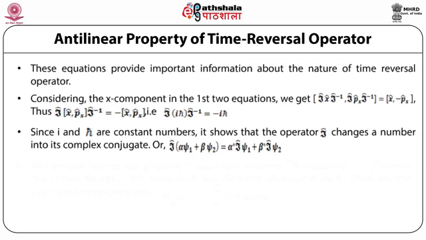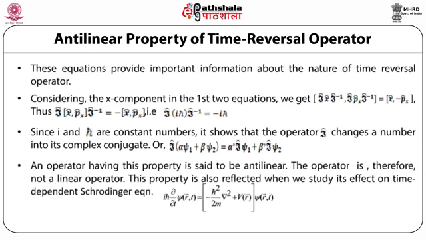And in this manner, an operator having this property is said to be antilinear, or in other words, the operator is therefore not a linear operator.